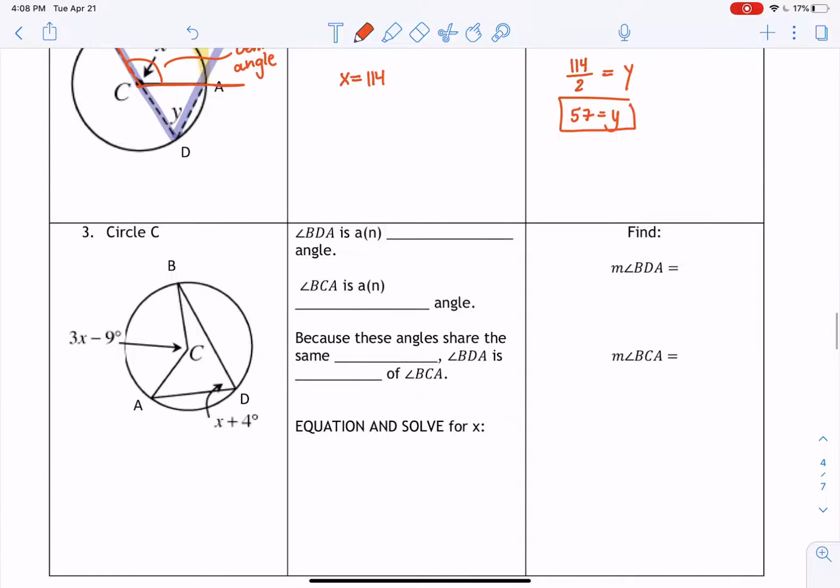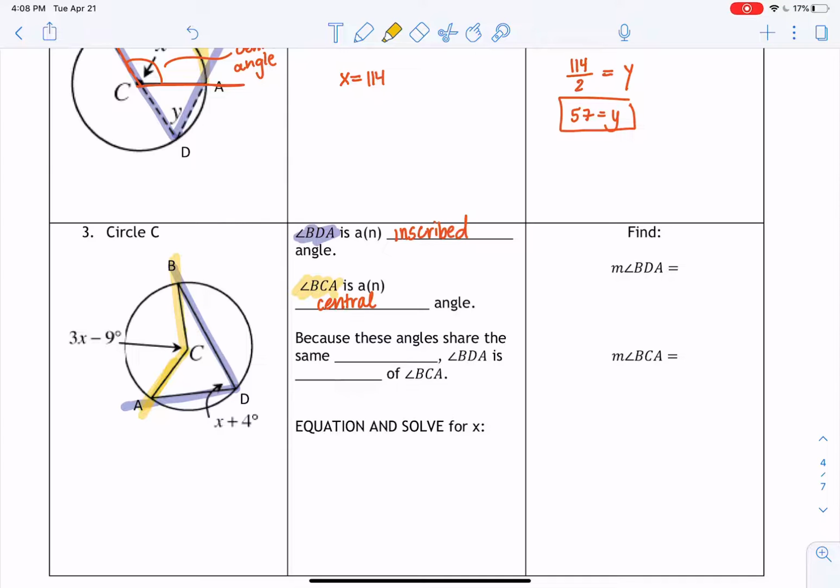Okay, angle BDA, is it inscribed or central? Inscribed. Angle BCA, so we'll highlight this. BCA is a central angle. C is the center.